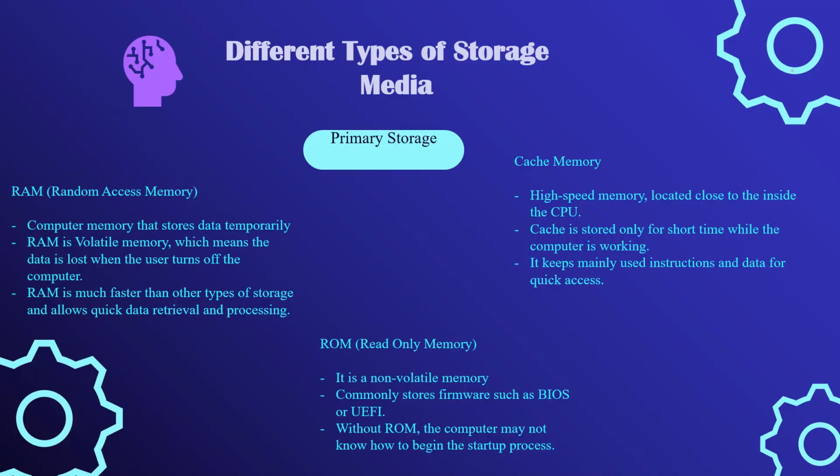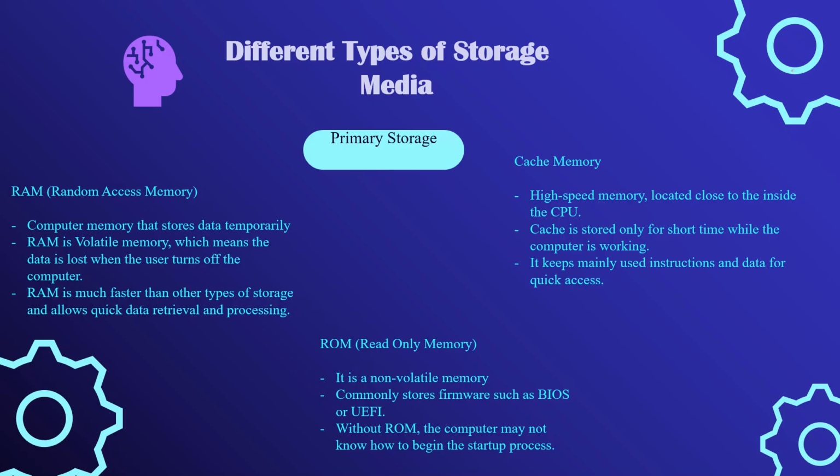So let's talk about primary storage, which refers to the memory a computer uses while it's actually running. The first type is RAM, or random access memory. Random access memory temporarily stores data while your programs are open and running. It's important to understand that RAM is volatile, which means that as soon as you turn off your computer, everything stored in the RAM disappears.